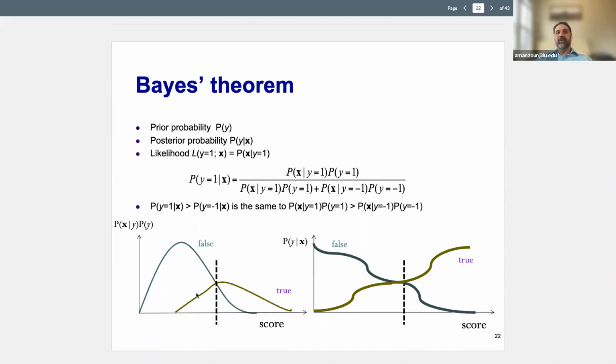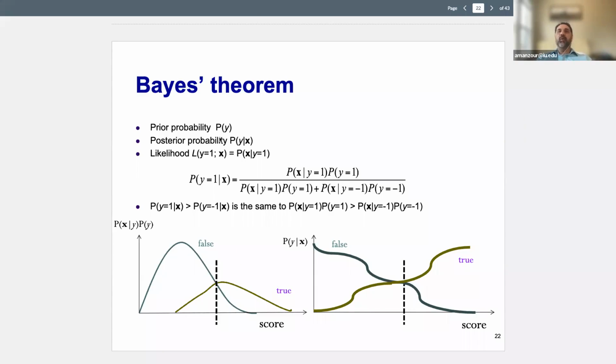So 20% of the times Y was +1, and 80% of the times Y was -1. For the next year, even without observing a score, my expectation is that with 80% chance I'm dealing with an unknown protein, because I know from last year. That is P of Y.